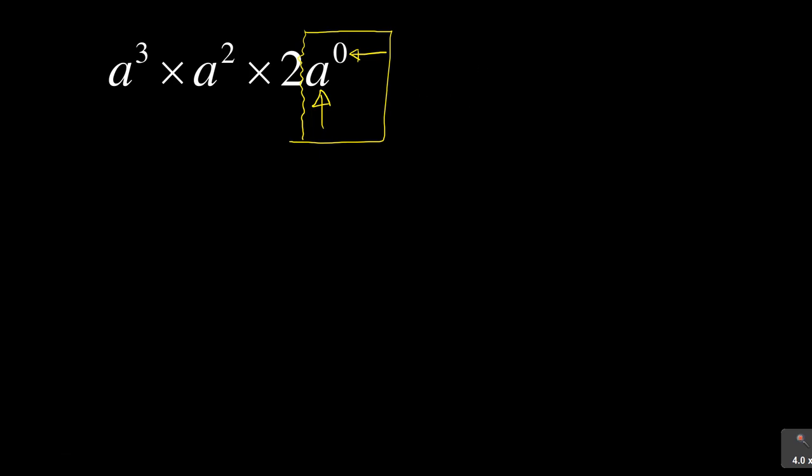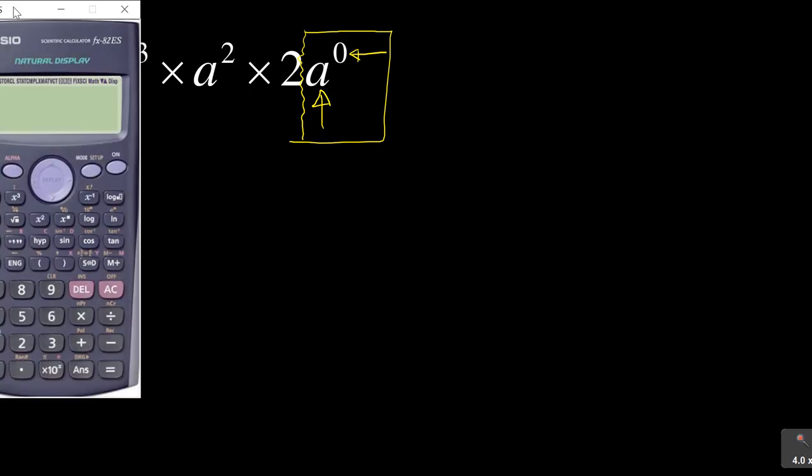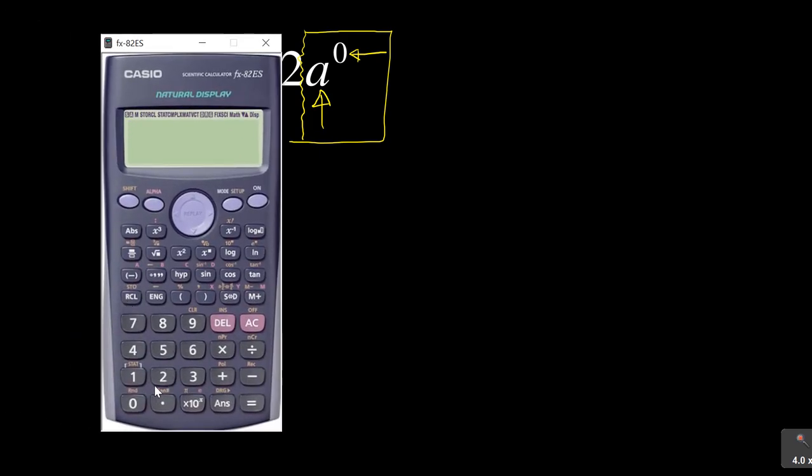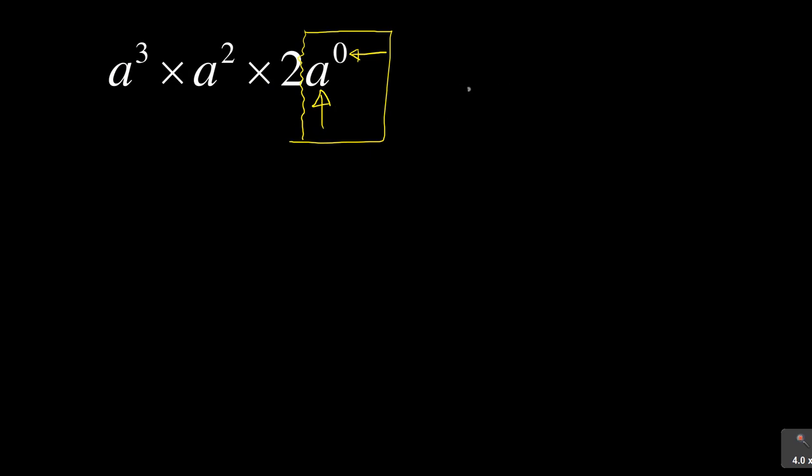For example, if you take your calculator and say 50 to the power of 0, you see that it is 1. So already that was the first hint that any number to the power of 0 is 1. So here, a to the power of 0 is equal to 1.